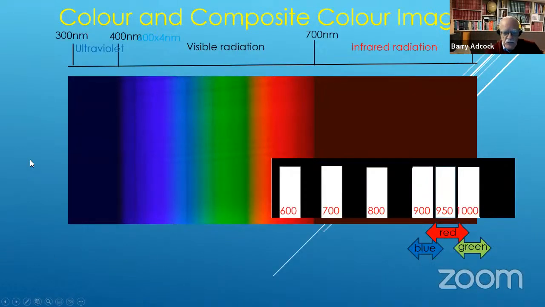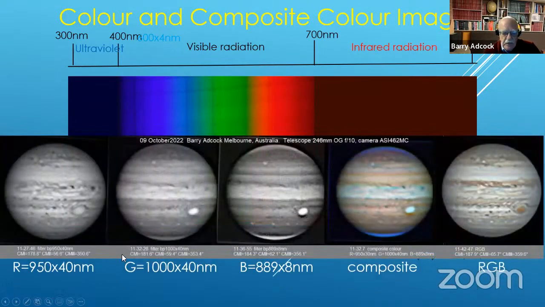Moving on then, and I will only mention this briefly because Antonio talked about it at length. One can move our filters up to the far end of the infrared range, and that coloured image compared to the white light picture is recording red as being 950 nanometers, green 900, and blue at the methane band.